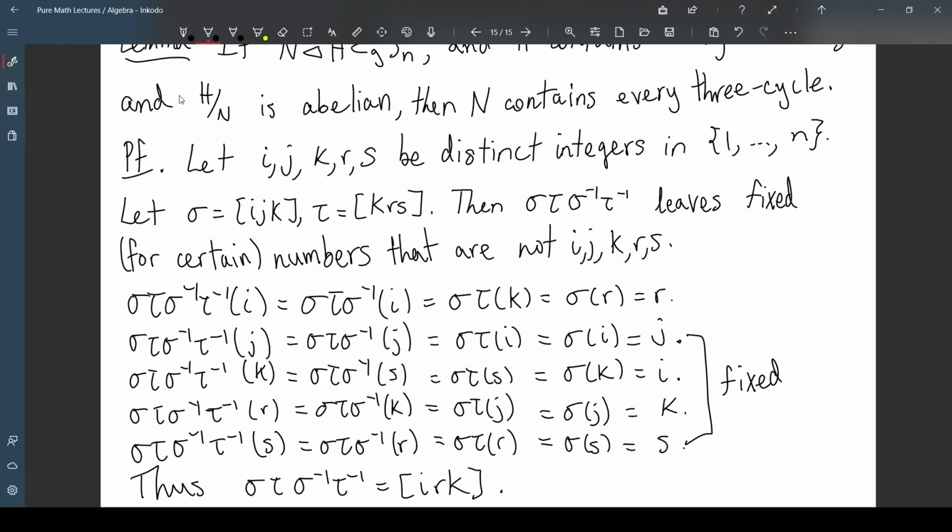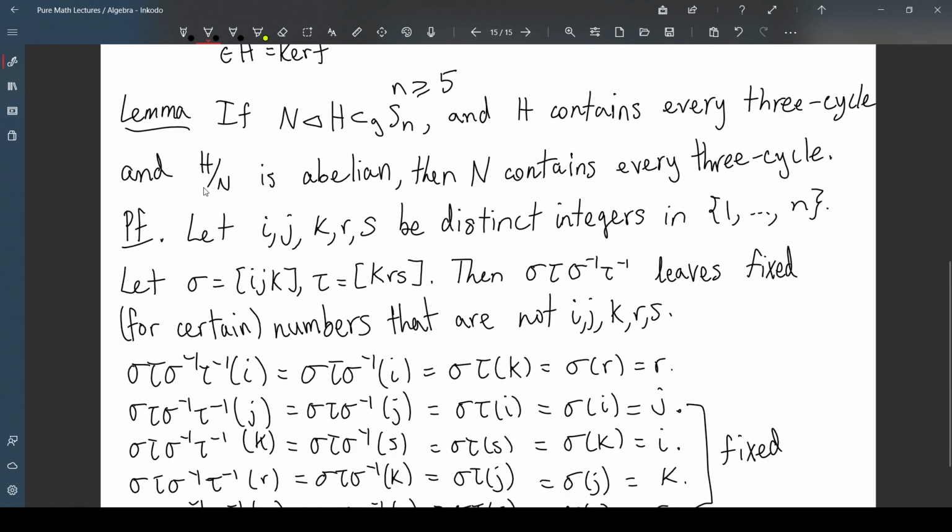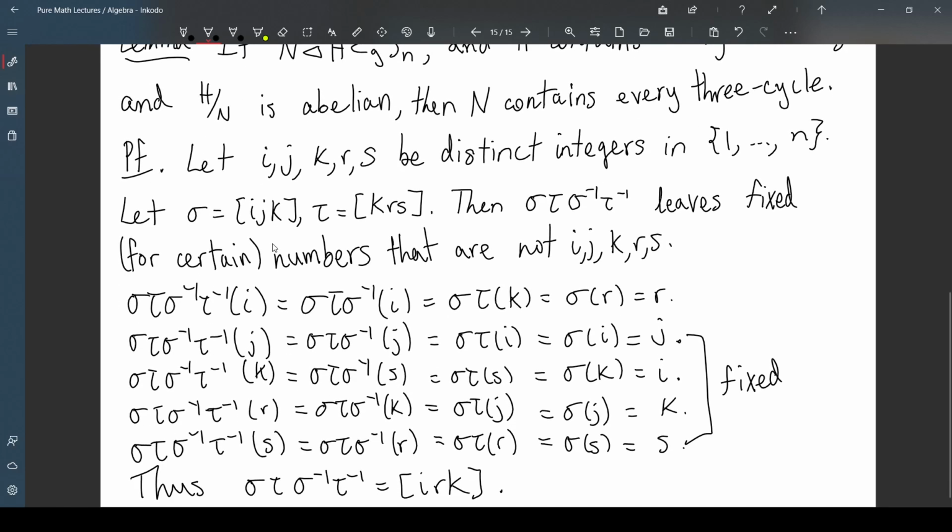Since we know that H contains every 3-cycle, we know that H contains sigma and tau, and by our previous lemma, we know that N will contain sigma tau, sigma inverse, tau inverse, and so this is in N. And that concludes the lemma, right? This is an arbitrary 3-cycle, which is contained in N.